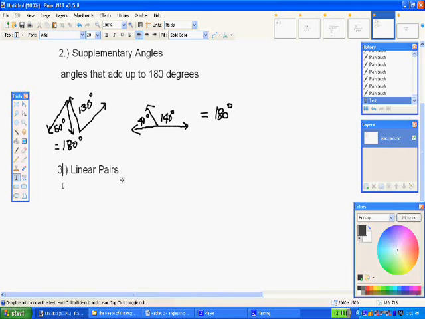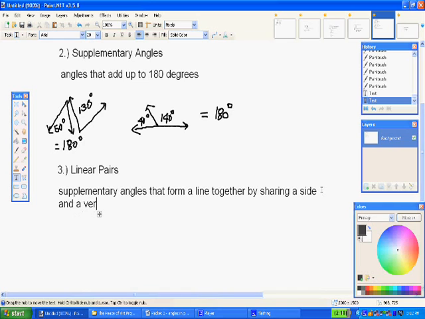And these are angles that form a line together, and they share a side and they share a vertex. So these are supplementary angles that form a line together, by sharing a side and a vertex.